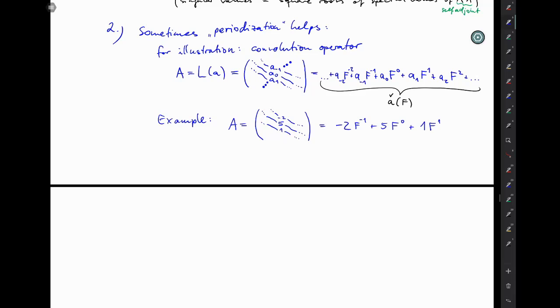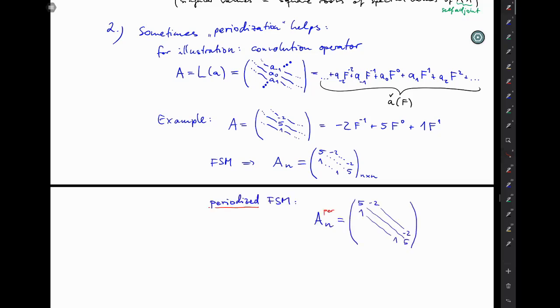Now if you pass to the FSM, you get this sequence of n by n matrices here. And then in section 3.2, we discussed, for the example of the forward shift itself, that it seems a good idea to periodize this in the following way.